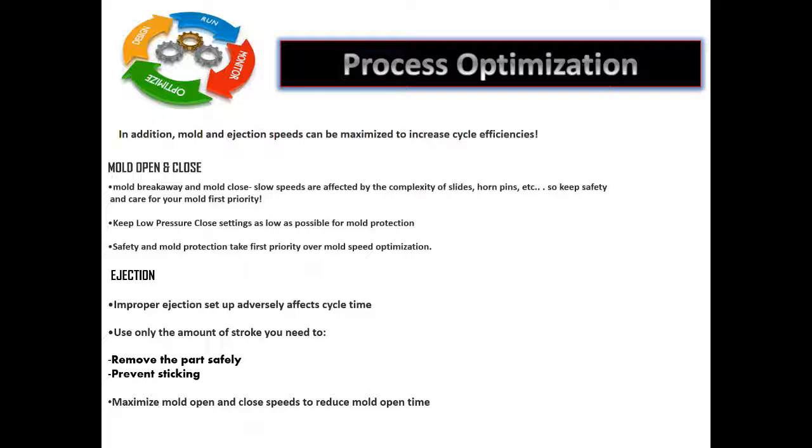You also want to look at your ejection speed. Basically, when you set up ejection, you want to use only the amount of stroke you need to remove the parts safely and to prevent sticking. Basically, maximizing your mold open and close speeds helps you reduce the mold open time, which improves your cycle time.